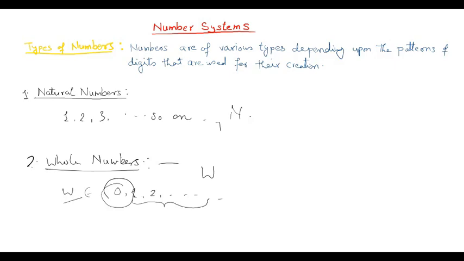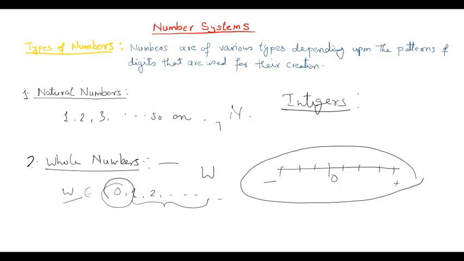So the next such number is the integers. So how will you define the integers? The integers are the collection of whole numbers plus the negative values of the natural numbers. So we define these numbers on the number line, from negative to positive, all these numbers are the integer numbers including the 0, but integers don't include the fractions. What are the fractions?